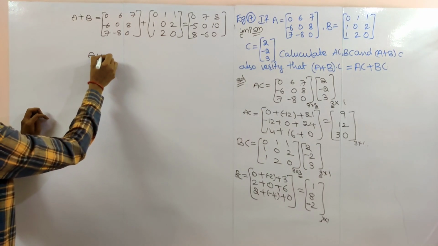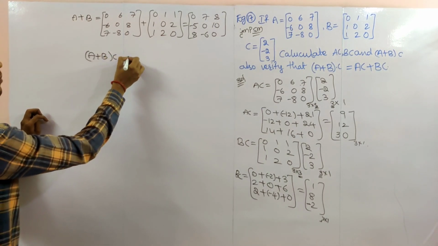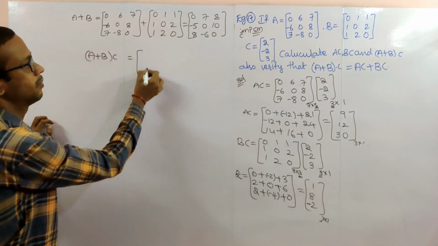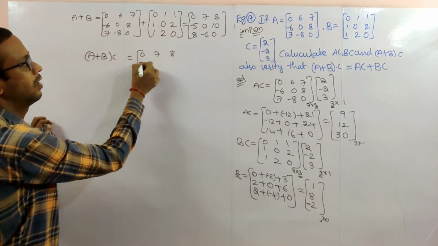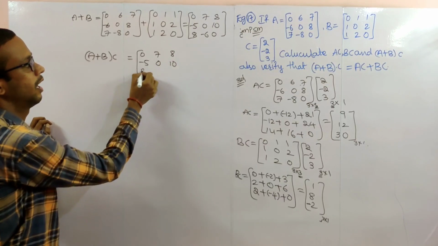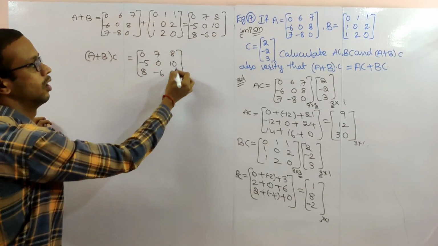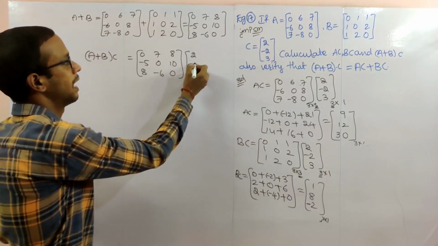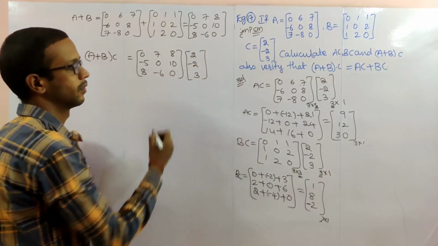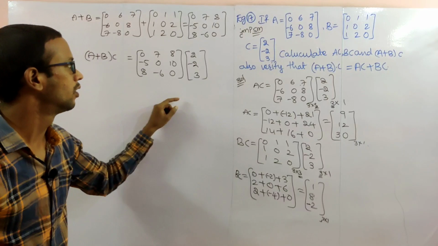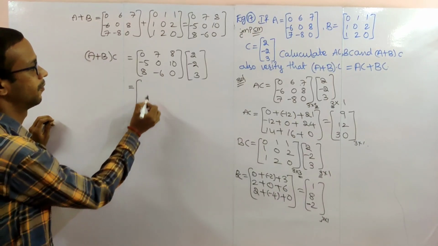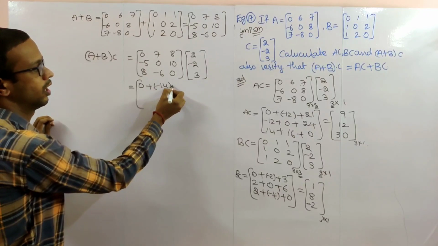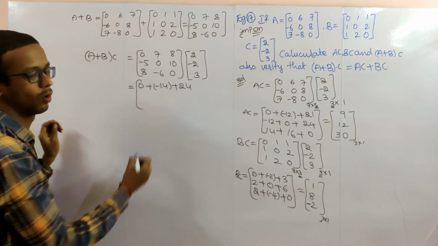Next, A plus B into C. A plus B matrix is 0 7 8, minus 5 0 10, 8 minus 6 0. What is the C matrix here? C matrix is 2, minus 2 and 3. So now simplify here: 0 plus minus 14 plus 24.